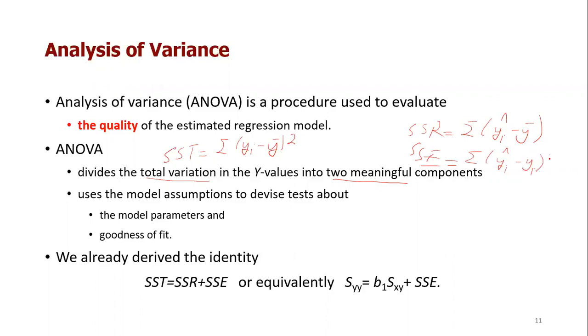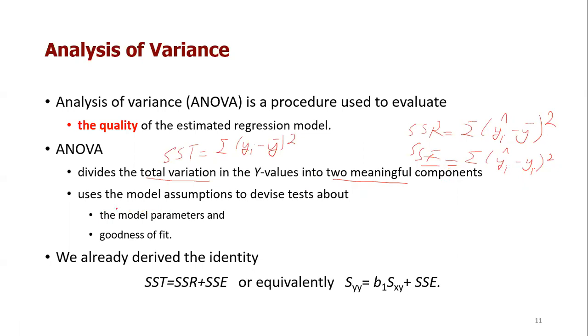So this is squared, this is squared. In fact, this is yi minus yi hat, but since it is squared, it is no big deal. So SSE is yi minus yi hat squared.